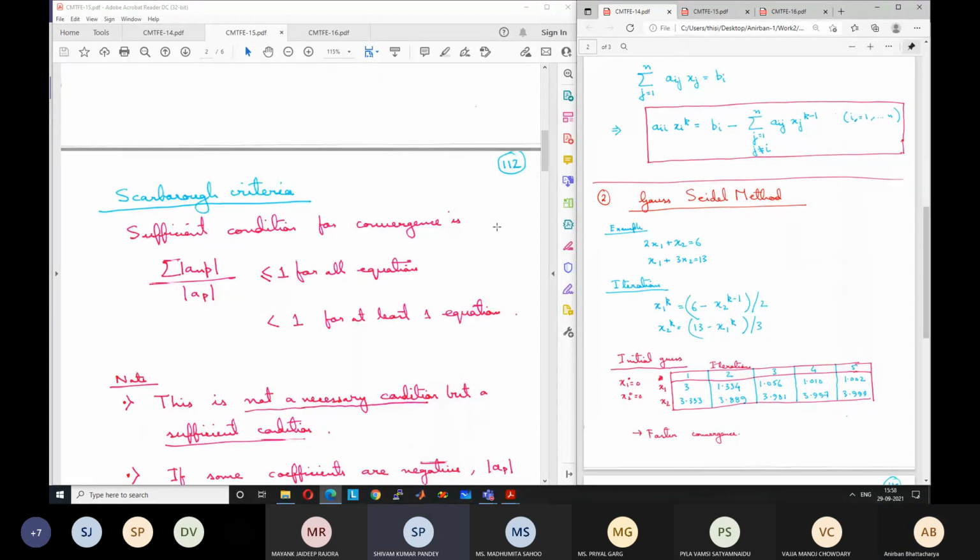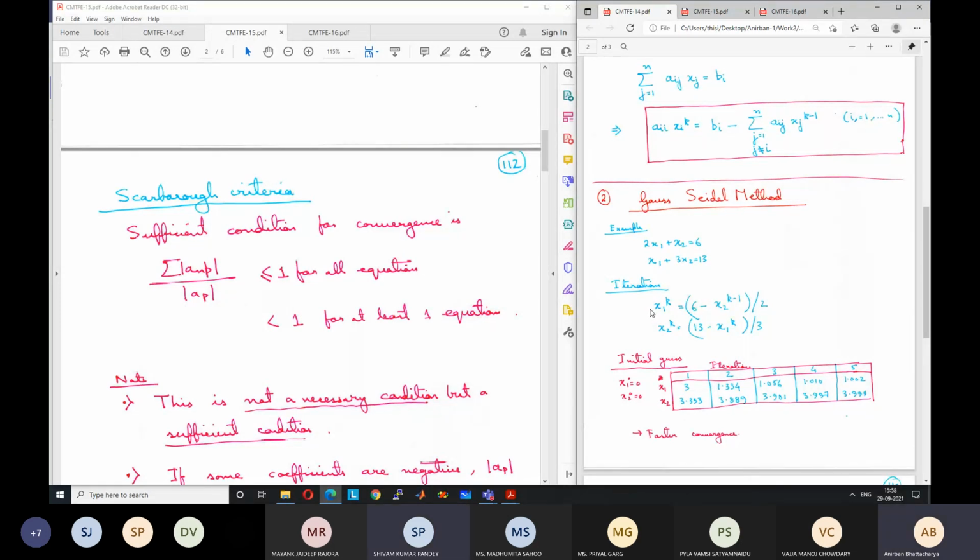AP will be? 2, sir. Why is AP 2? Means if I write in this form, AP is 1 only, right? Because this is the variable, which is our concerned variable. So its coefficient is 1.